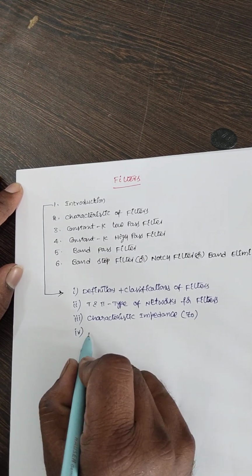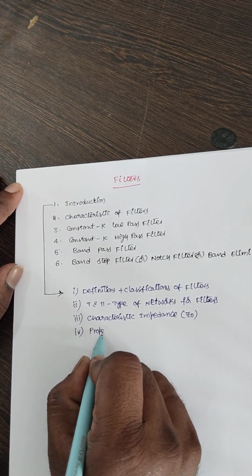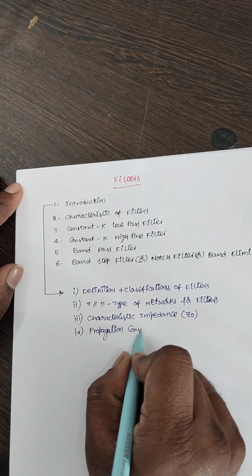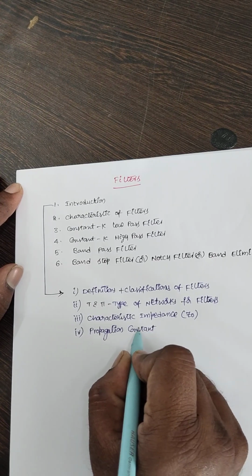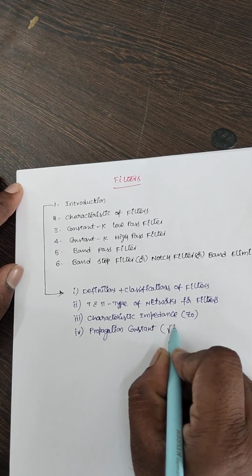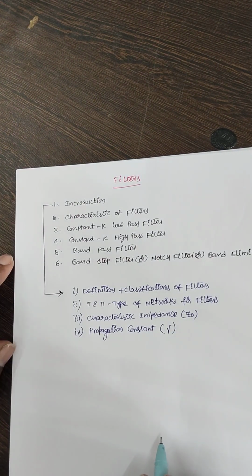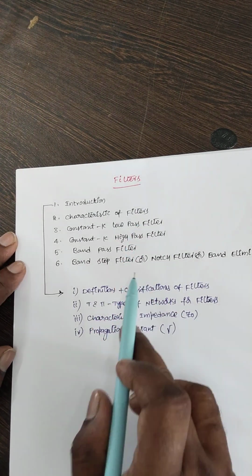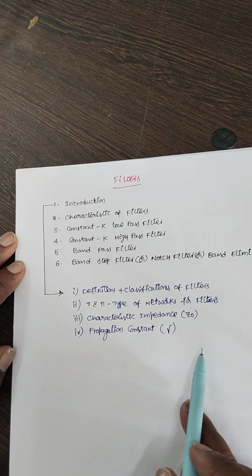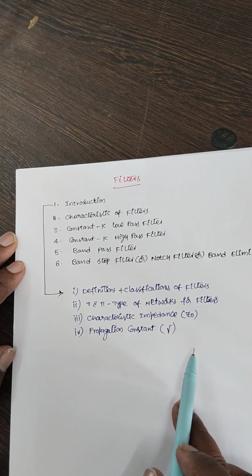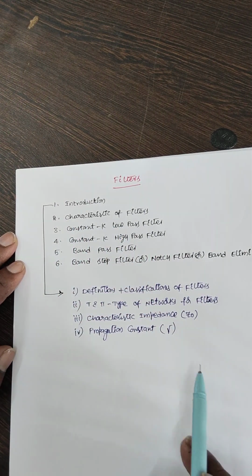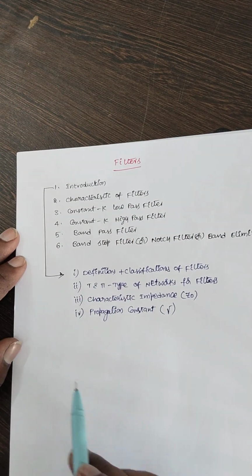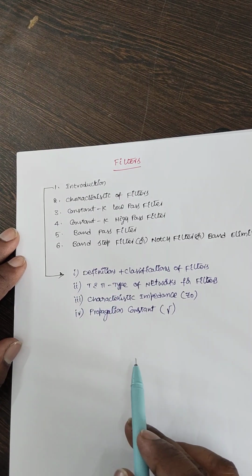Fourth one is propagation constant, which is represented with the letter gamma. Okay, so these basics are required to analyze the remaining concepts of filters. So first let me start with these definitions.